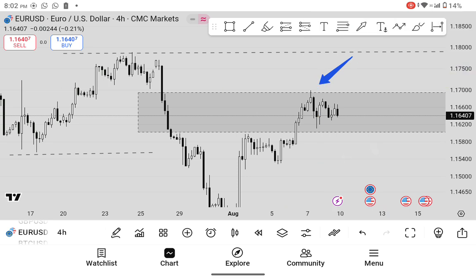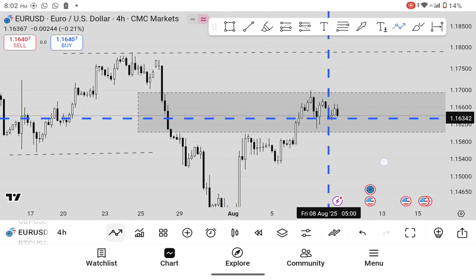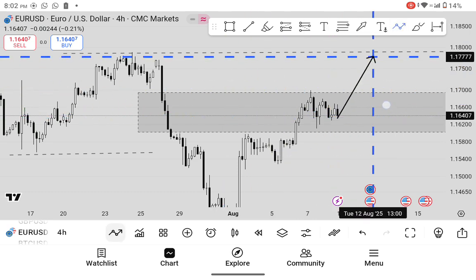So a lot of people enter this trade for their sell at that level, and definitely we all know there will be a lot of stop losses, there will be a lot of pending orders sleeping at that level. So for me, technically, I'll be expecting my market to rally to the upside, guys.